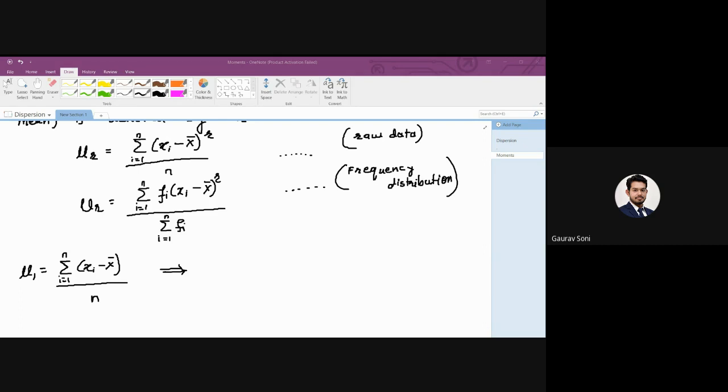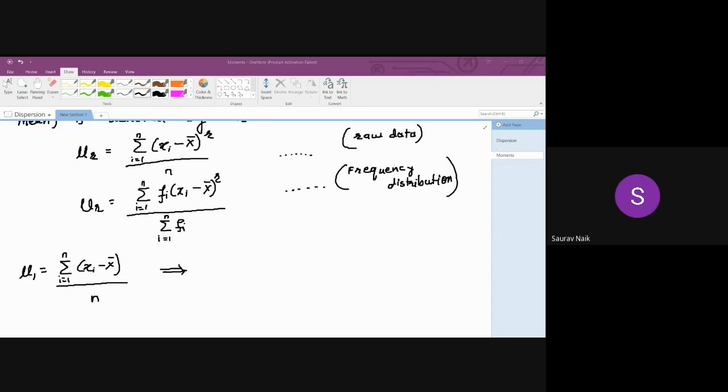Can you simplify this? Sir, I actually don't remember the formulas. Okay. Anyone else who can simplify this and tell me what will be mu1?